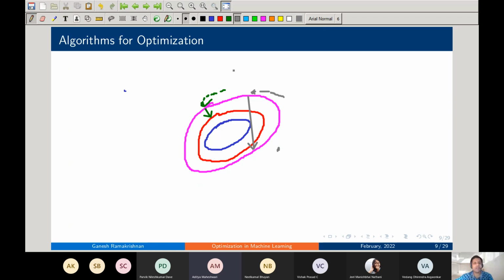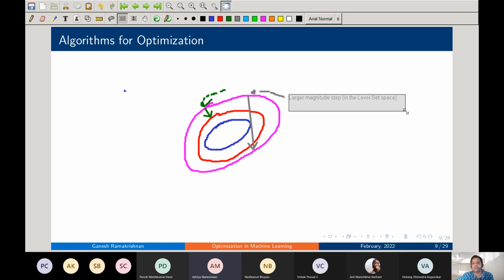So what's happening is you're dealing with two important components in the algorithm. One is the direction. The green and gray have different directions in the level set view, and the green and the gray also have different magnitudes. So the gray one, for example, has larger magnitude. This is a larger magnitude step, the gray one.